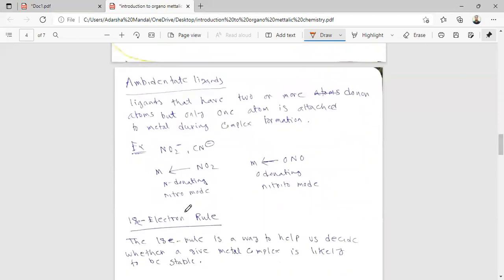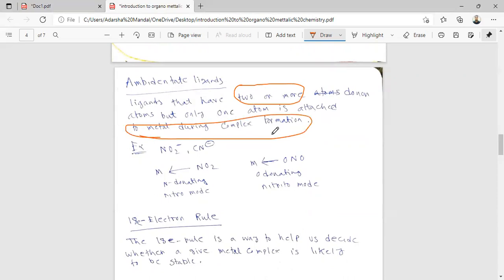So next, another interesting ligand system is called the ambidentate ligands. Ambidentate means the ligands that have two or more donor atoms, but only one atom is attached to the metal center during complex formation.